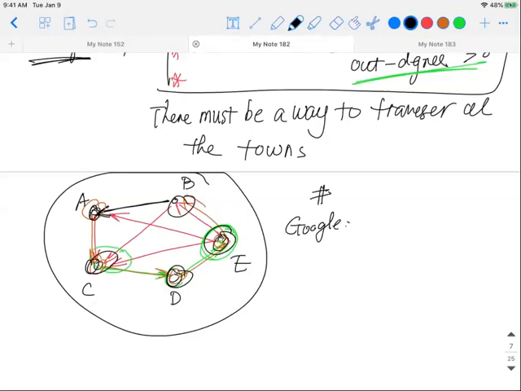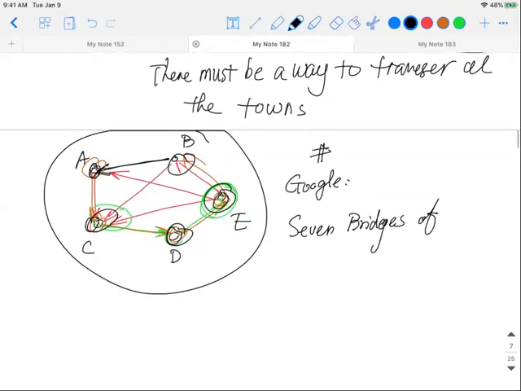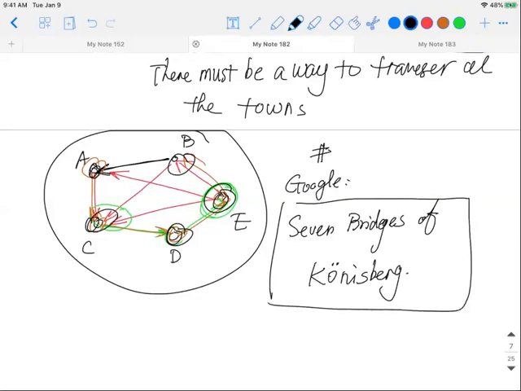The topic is called the famous 7 bridges of Königsberg. Try to Google this, 7 bridges of Königsberg. This is actually one of the famous complicated problems for us to figure out.